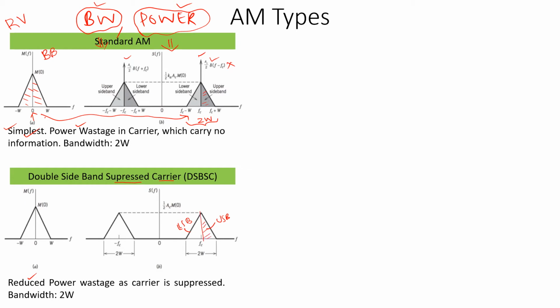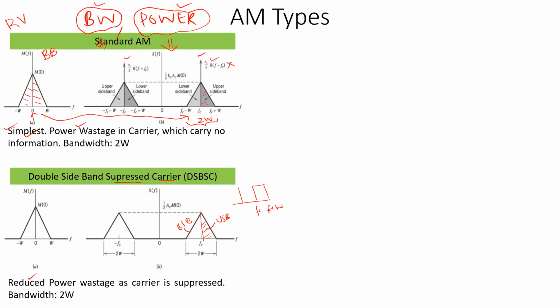So how to extract only this part from the signal? It's very simple. You have studied about the band pass filter. If you have a filter which transmits from FC to FC plus W and eliminates all other frequency contents, and you pass the signal through a band pass filter like this, we will be able to get only one sideband.